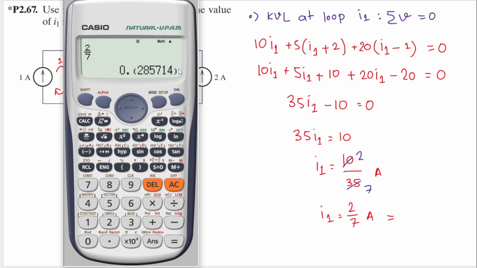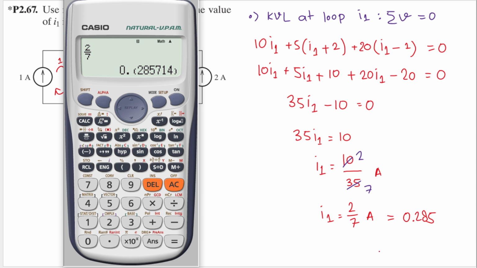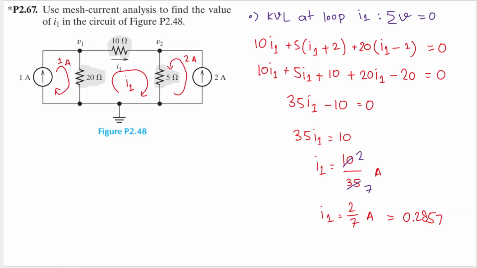The brackets mean that it will repeat: 285714, and the next one will be 285714 also. I just want to write 5 significant figures, so we will have 0.28571, and the unit is ampere.